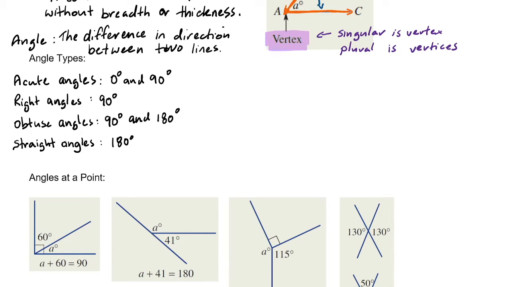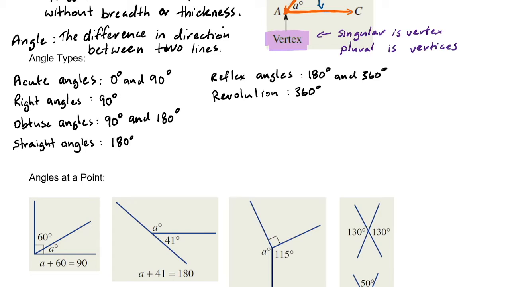These are 180 degrees. And then we have our reflex angles, which are between 180 and 360. And then we have our revolution, which is our 360 degrees.